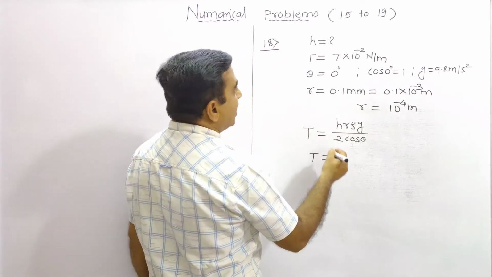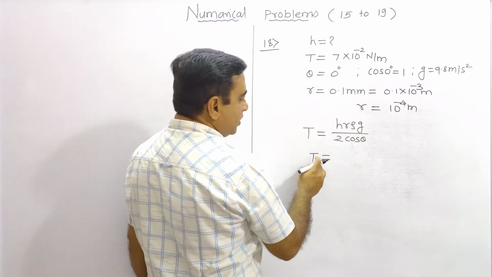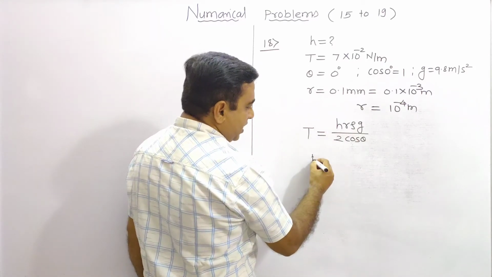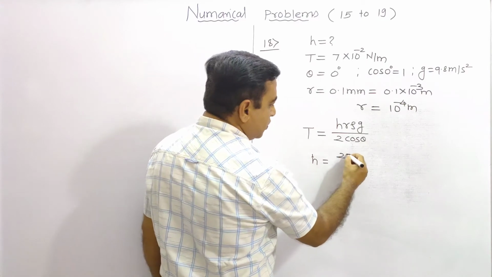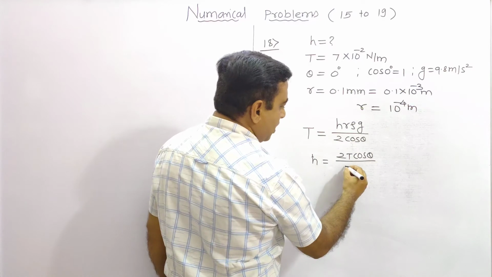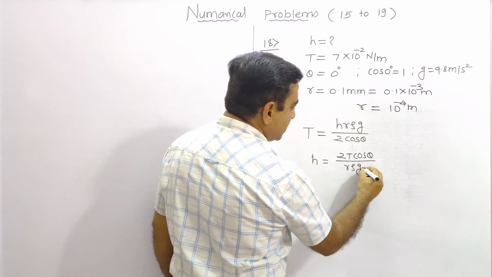T is equal to h r rho g over 2 cos theta. We don't know h, so after rearranging, h is equal to 2T cos of theta upon r rho g.